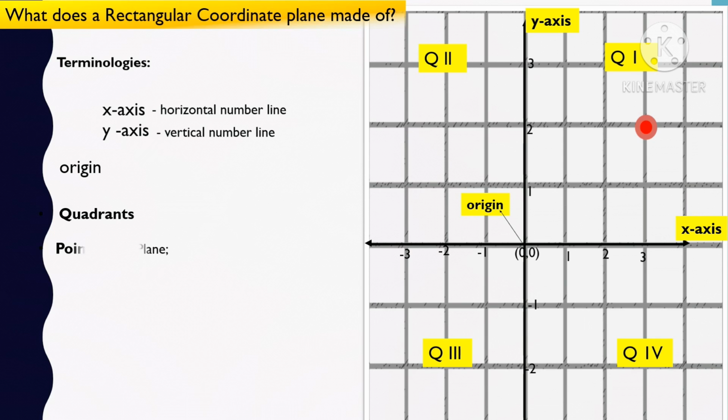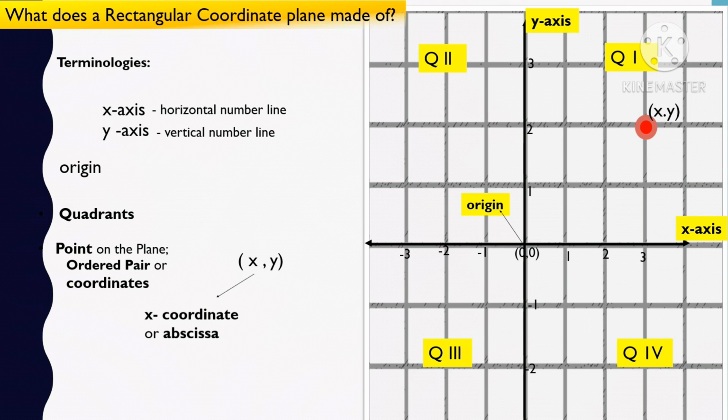Every point on the plane corresponds to what we call an ordered pair (x, y). We call this (x, y) the coordinates of the point. The first number represented by x is what we call the x-coordinate or abscissa, and the second number represented by y is what we call the y-coordinate or ordinate.